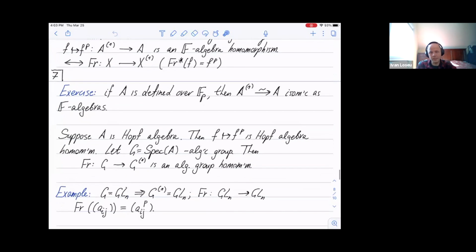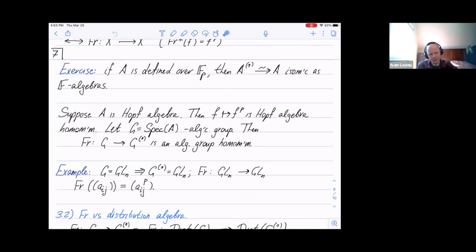And if your scheme was a group scheme, then this is a group homomorphism. And here is a very concrete example for GL_n. And last time we finished by discussing what this thing does on distribution algebras.